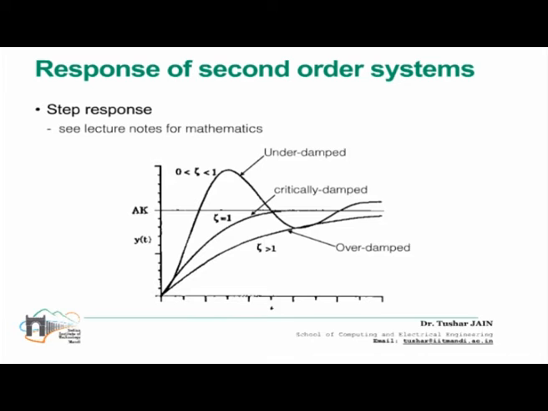For the overdamped system, there won't be any oscillations, and the system will take much time to go to the final value. For the underdamped response, there are some oscillations, but they are decaying oscillations. And for the critically damped system, which is given when we have the case of xi is equal to 1, the system also won't have any oscillations.